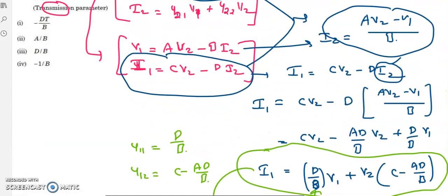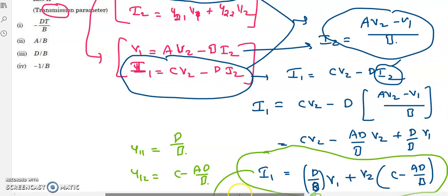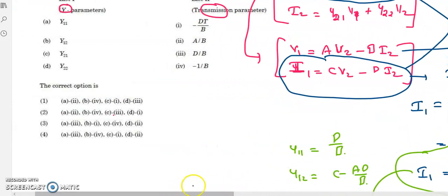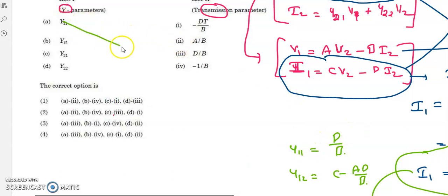So let's find out whether this is there in the given match the following or not, right? So y11 is equal to d by b, and y12 is equal to c minus a d by b.